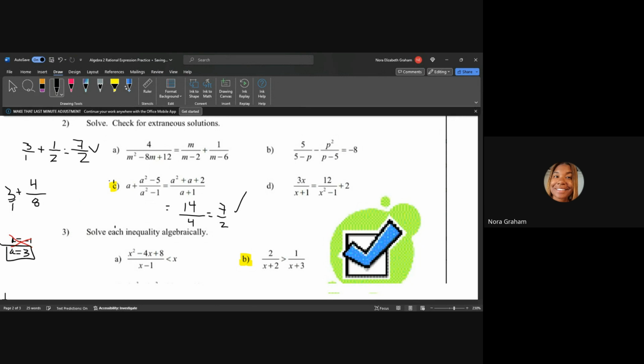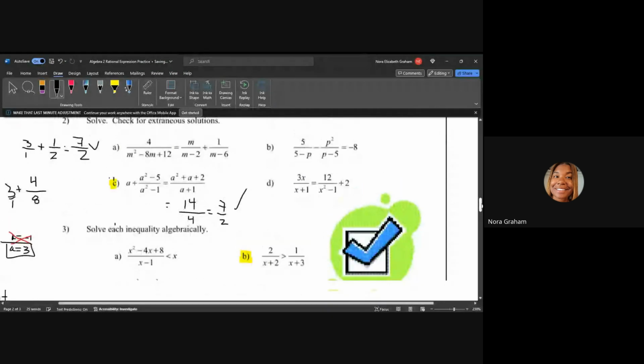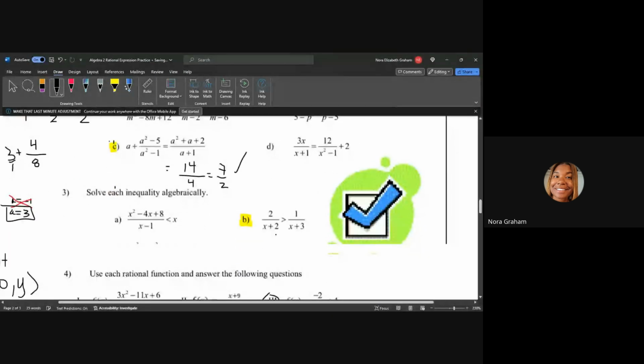Okay, so let's hurry up and do 3B. Solve each inequality algebraically. All right, so for this one, it's fairly simple, except this time we have an inequality. So what we're going to do is cross multiply first. So then I get 2x plus 3.